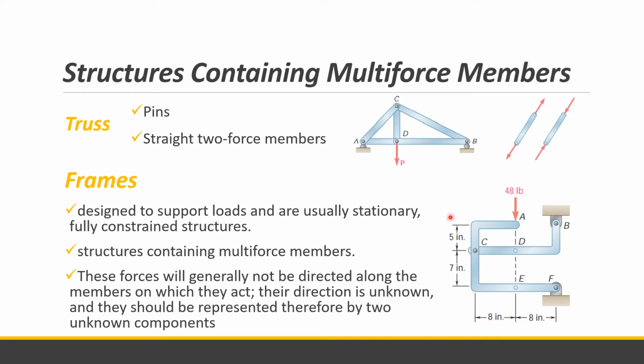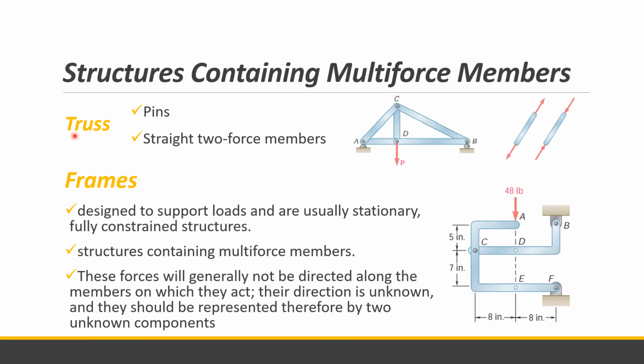For example, this member A, C, F. If you take it out and break apart each member, there is a force at A, and a force at C, which is vertical and horizontal because it is connected by a pin, and also here at F. This means member ACF is subjected to 5 forces. Later we will try to take a structure and look at the forces involved, which are three or more.